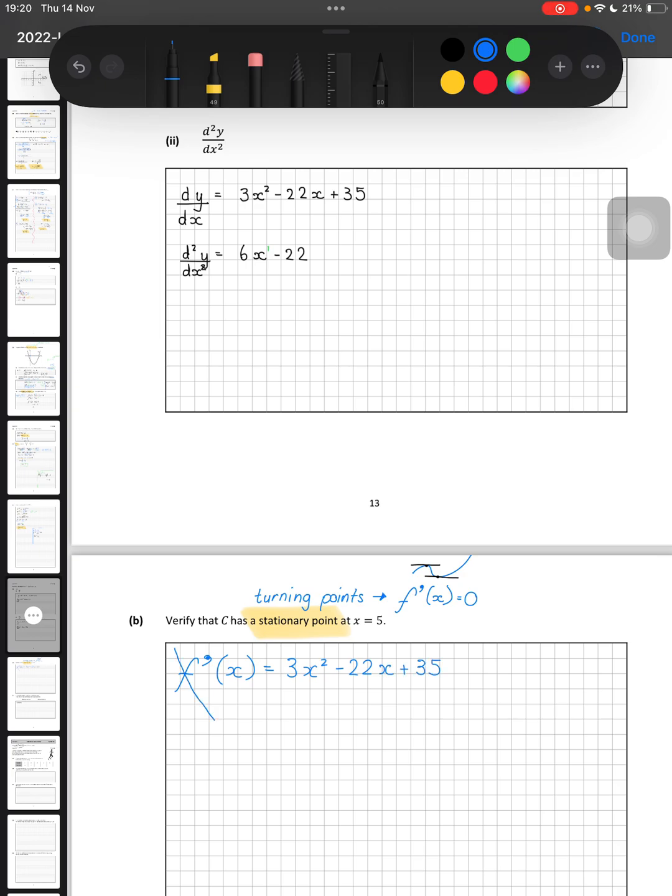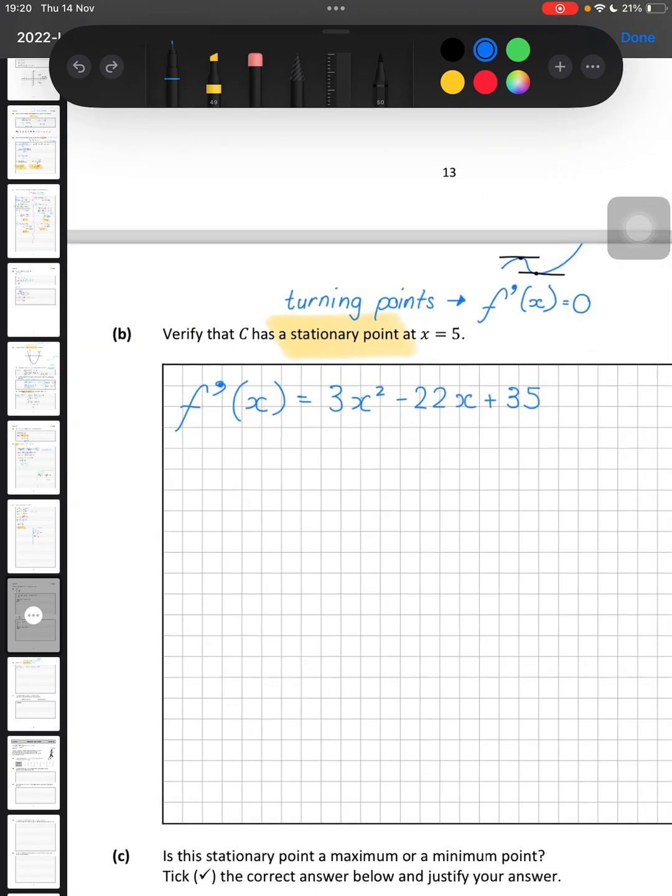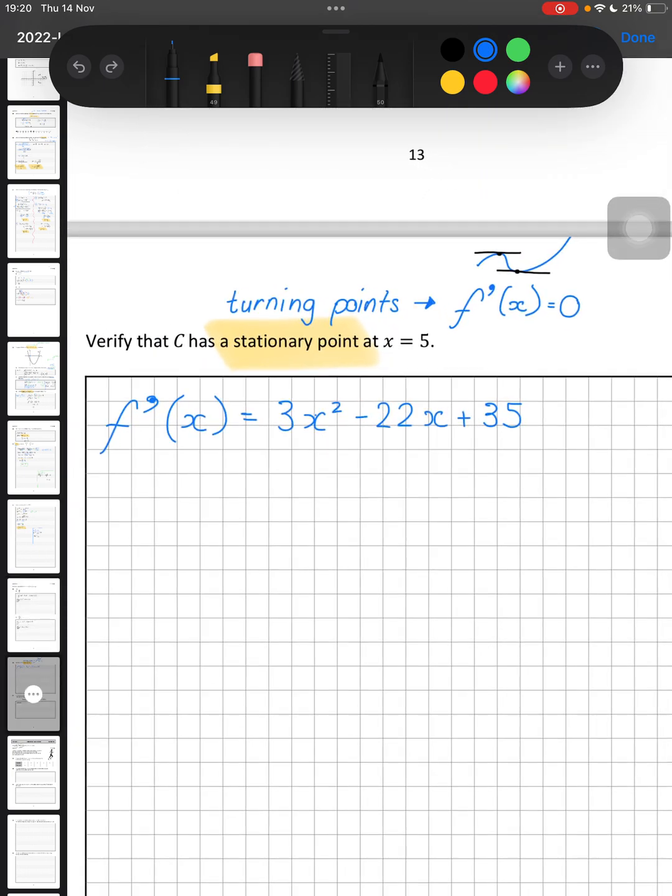Trying to zoom in here. So I could see, what is the slope at x is 5? If I sub in 5 there, I am getting the slope at x is 5. If the slope is 0, then it's a stationary point. So that's going to give me 3 by 5 squared minus 22 times 5 plus 35.